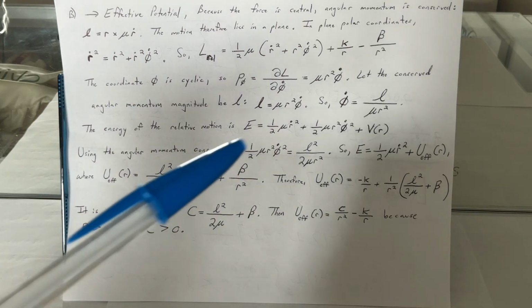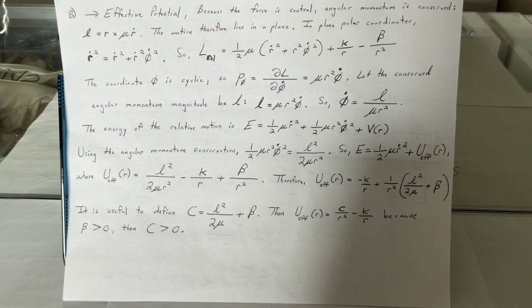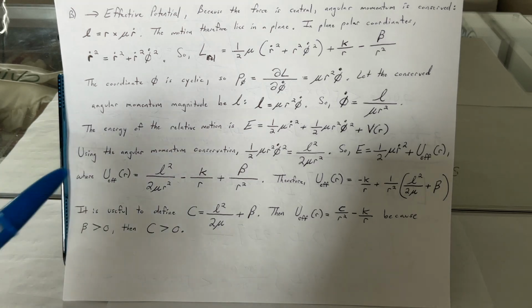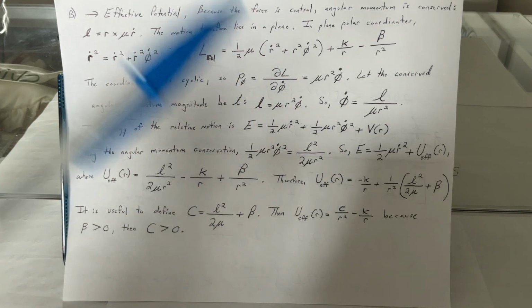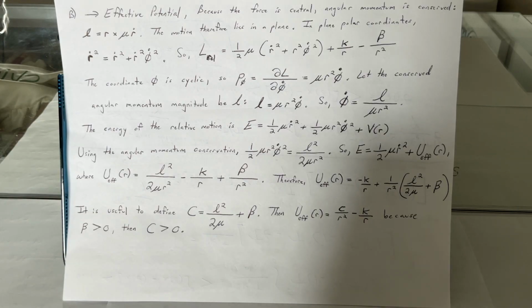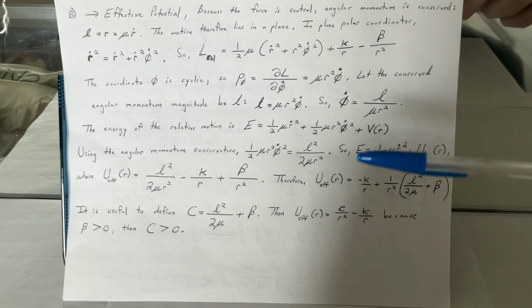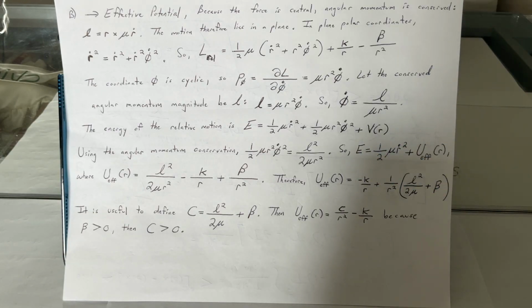Energy of the relative motion is E = 1/2 μ r dot squared + 1/2 μ r² phi dot squared + V(r). So using the angular momentum conservation, 1/2 μ r² phi dot squared = L²/(2 μ r²).